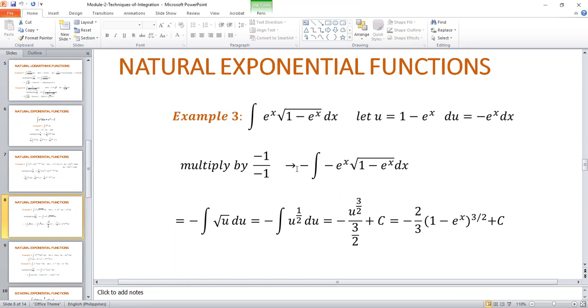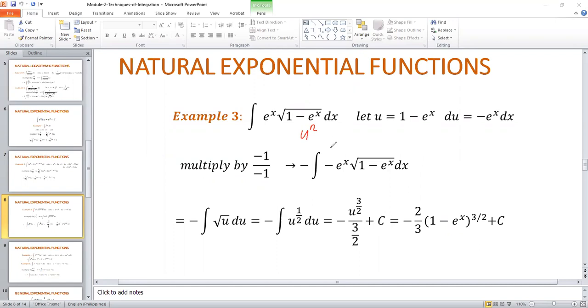So this would be now your u raised to n. Okay, you may say, Miss Ali, I thought we're thinking of an integral that will be yielding an exponential function. It's not always like that. It could be that with the concept of the exponential function, you will use it together with another formula.